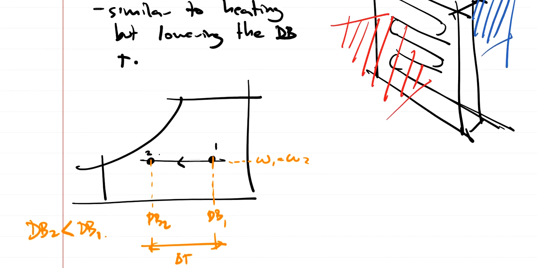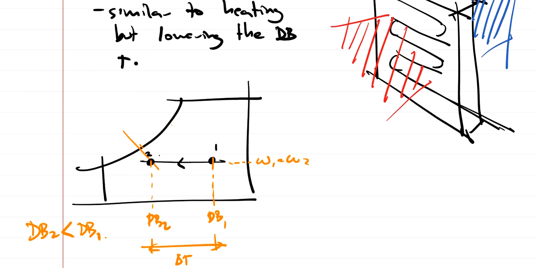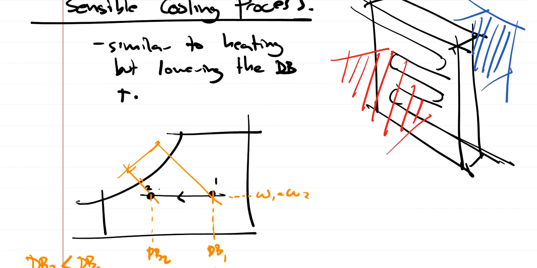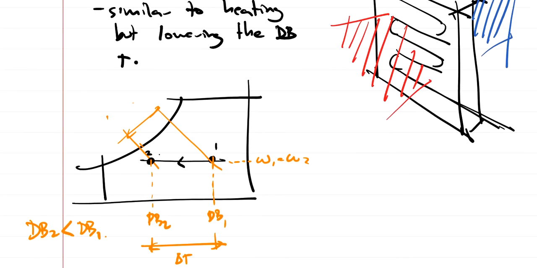So that's sensible cooling. And again, whenever there's a change in the temperature or change in the moisture content, there must be some energy added, and we can obtain that by this. So H1, and this is H2, and that's going to be the sensible heat, which is equal to the total heat in this process.